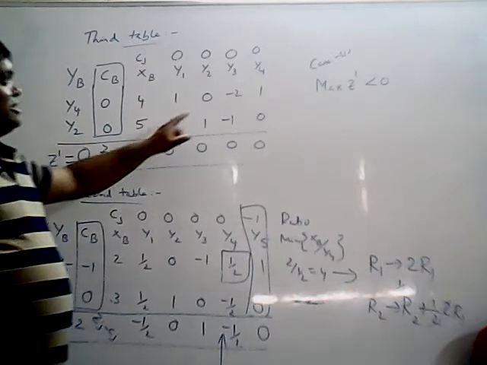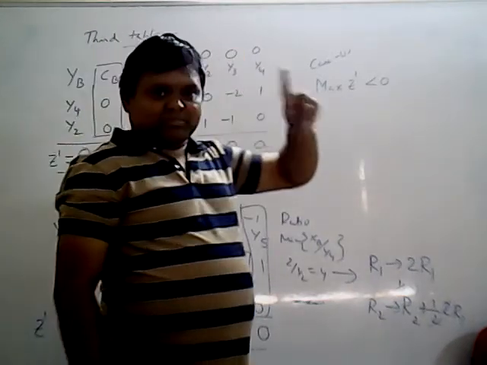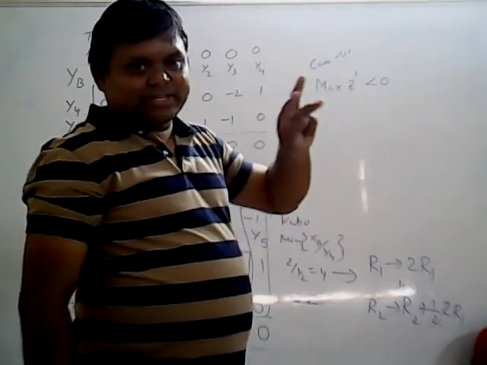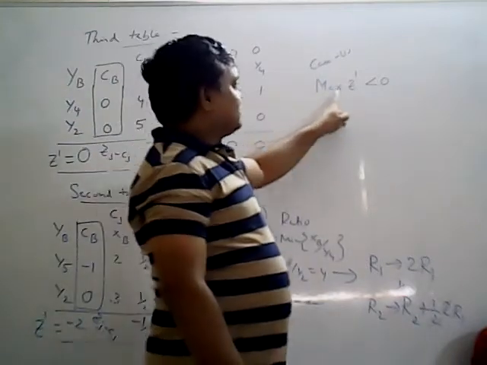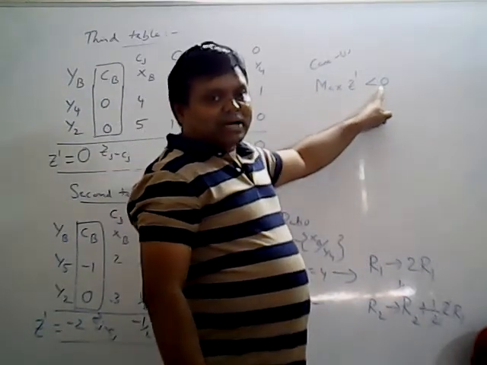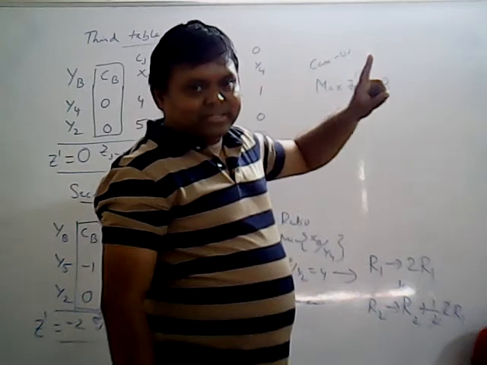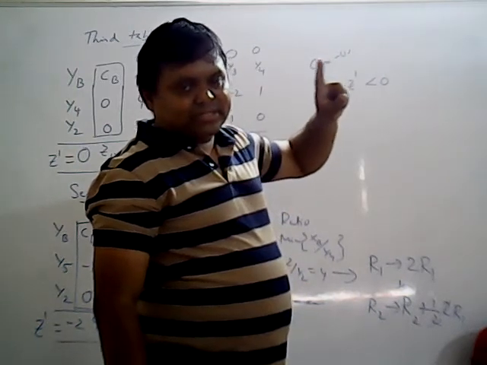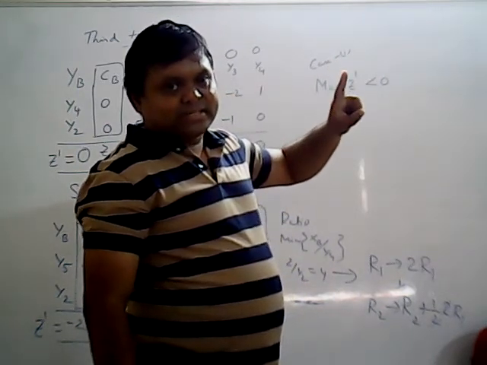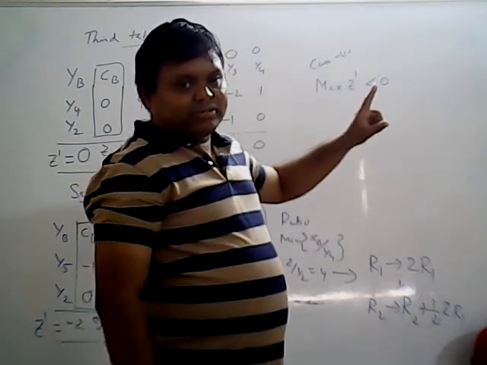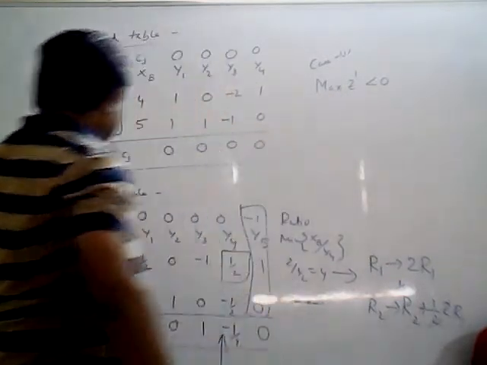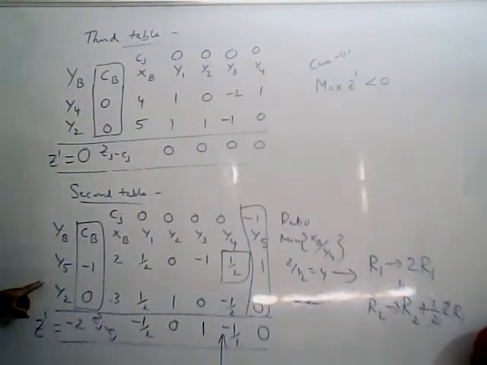So that means case 1 is, I have given the procedure already, and I am explaining those 3 cases to you. Maximum z dash less than 0 and at least one artificial vector appears in the basis at a positive level. Suppose, now see this table, I will give an example.